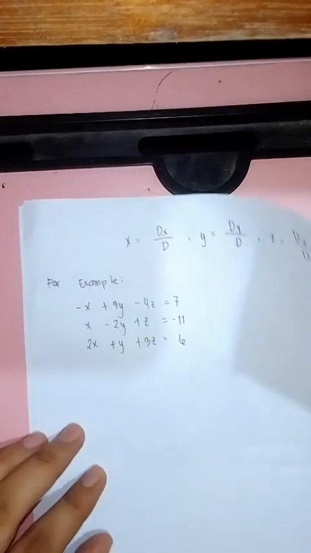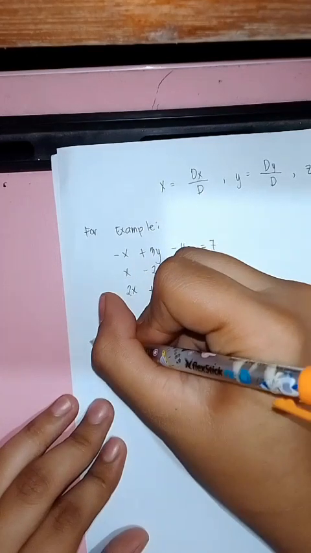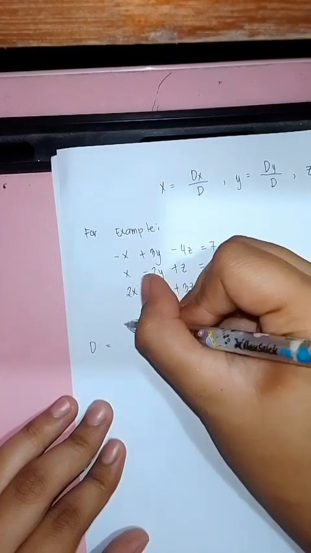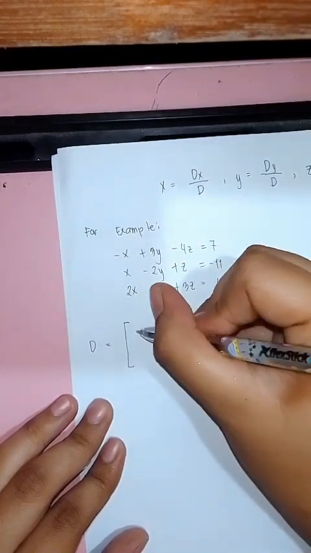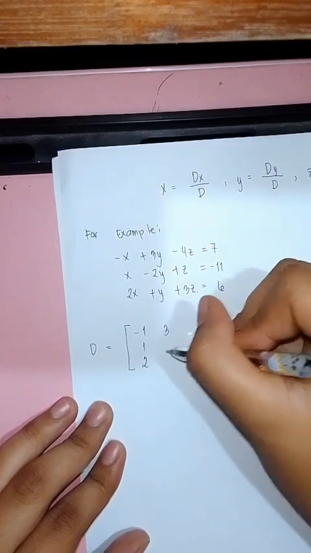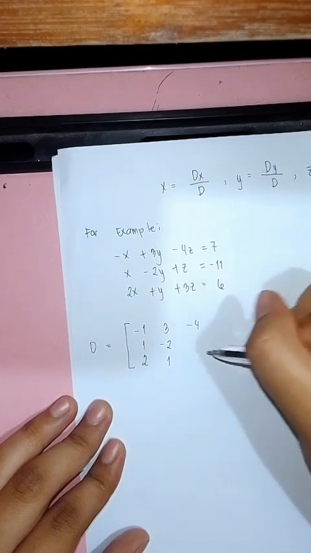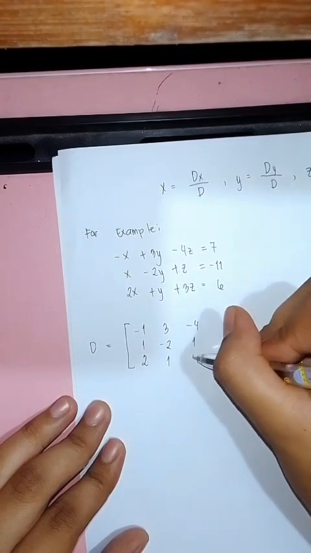First, we will get the determinant D. So we will make here a matrix: negative 1, 1, 2, 3, negative 2, 1, negative 4, 1, 3.